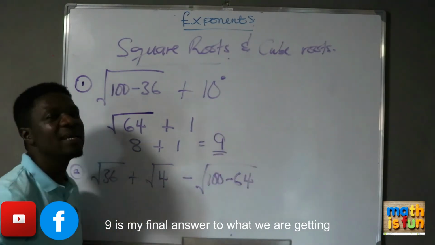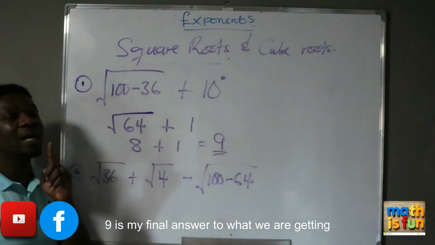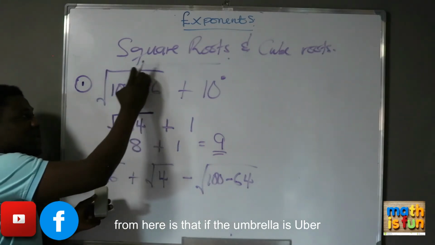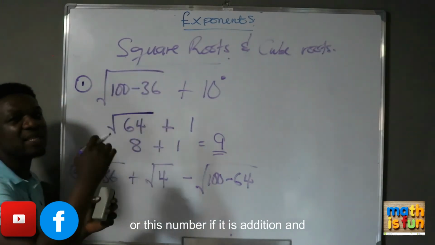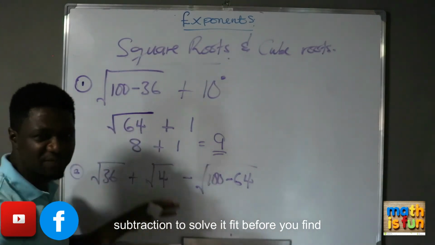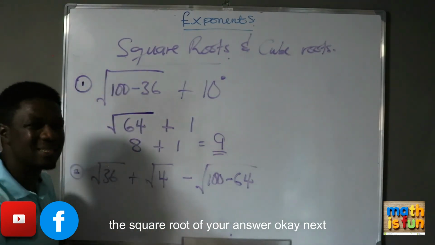So 9 is my final answer. So what we are getting from here is that if the umbrella, the square root, is over all these numbers, if it is addition or subtraction, solve it first before you find the square root of your answer.